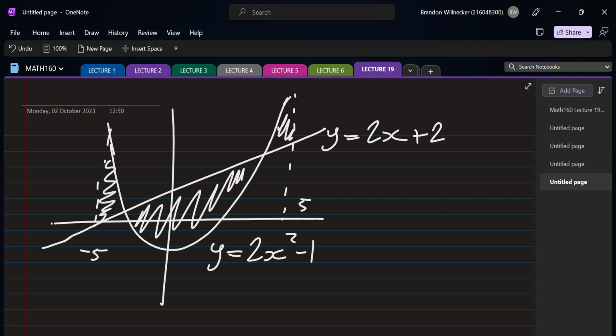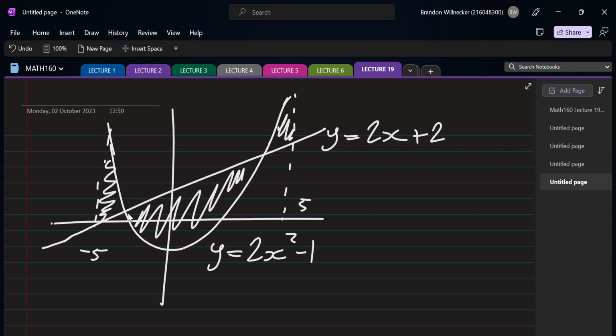Again, just from the picture, we can see that the upper function and the lower function swap as we go along. So from minus 5 to the first intersection point, the parabola is above the straight line. Then from the intersection point to the other intersection point, the straight line is above the parabola. And then from that intersection point up to 5, the parabola is then above the straight line. So we have that swapping going on.